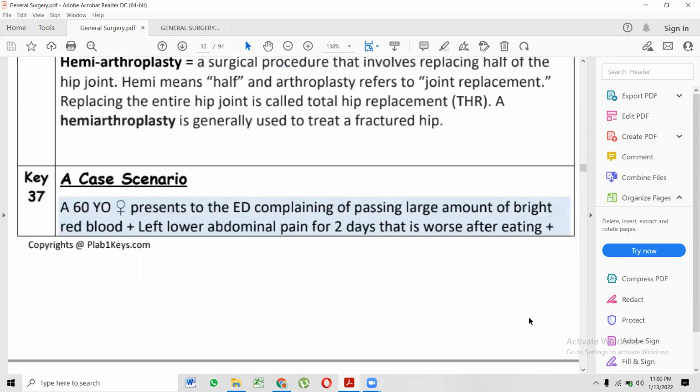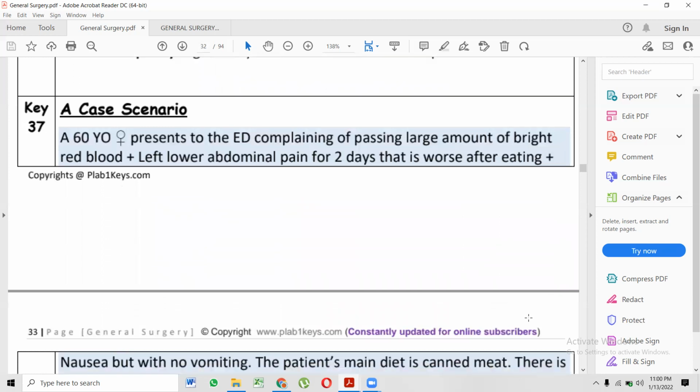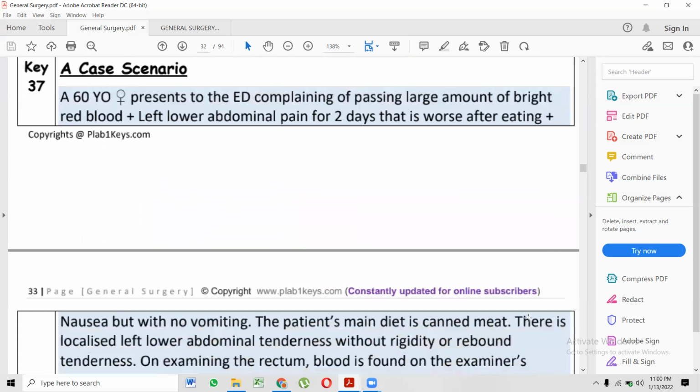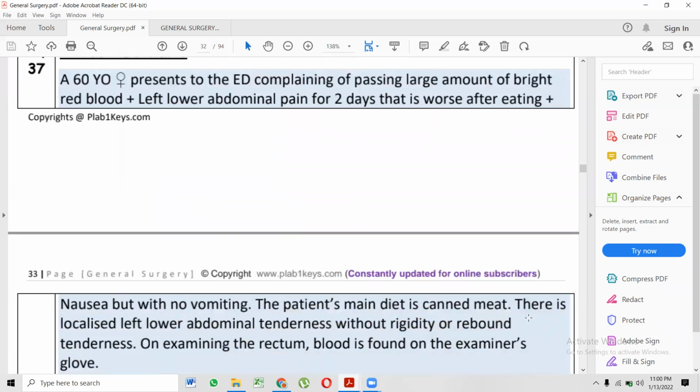Now, there is a scenario for all of you. Let's see who answers this one. A 60-year-old presents to the emergency department complaining of passing a large amount of bright red blood.